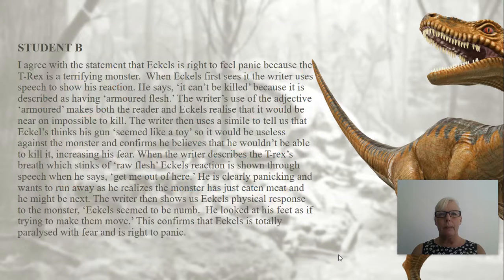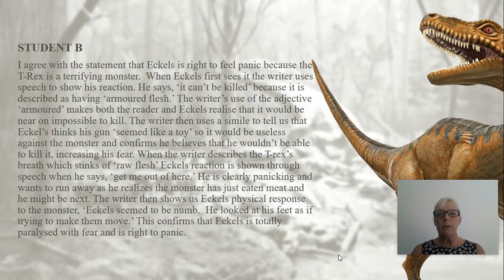Right, student B then. I agree with the statement that Eccles is right to feel panic because the T-Rex is a terrifying monster. When Eccles first sees it, the writer uses speech to show his reaction. He says it can't be killed because it is described as having armoured flesh. The writer's use of the adjective armoured makes both the reader and Eccles realise that it would be near on impossible to kill.